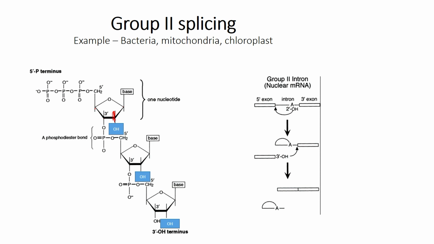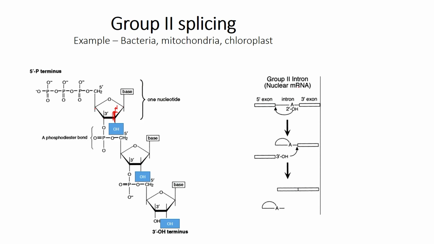This 2 prime carbon has OH in RNA. In DNA, this is deoxy, so it has only H, both sides H, H. As I said, that OH group, if it is there, can have a nucleophilic attack on P. So that is what happens.